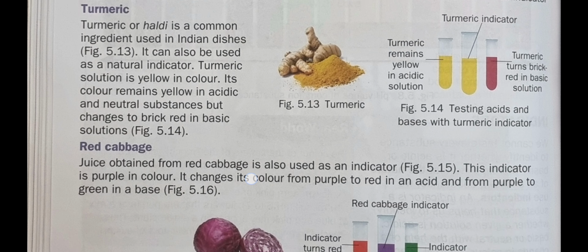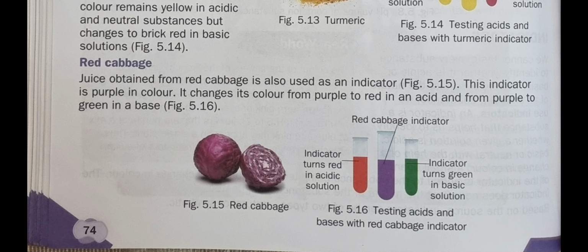And red cabbage. Red cabbage is also a natural indicator. Juice obtained from the red cabbage is used as an indicator. You can see the figure 5.15.